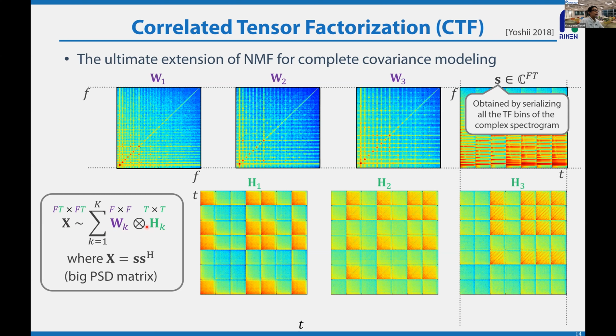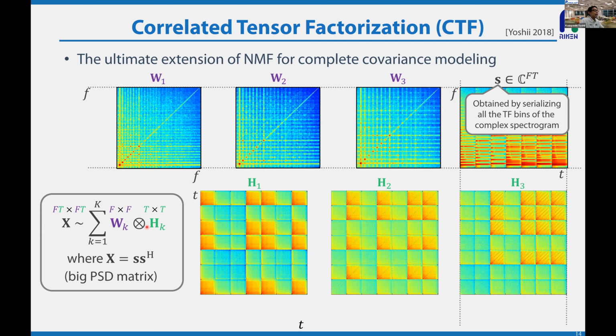X is obtained by this equation, where S is a serialized vector. Now we use the log-determinant divergence as the evaluation criterion between the reconstruction and the observation.